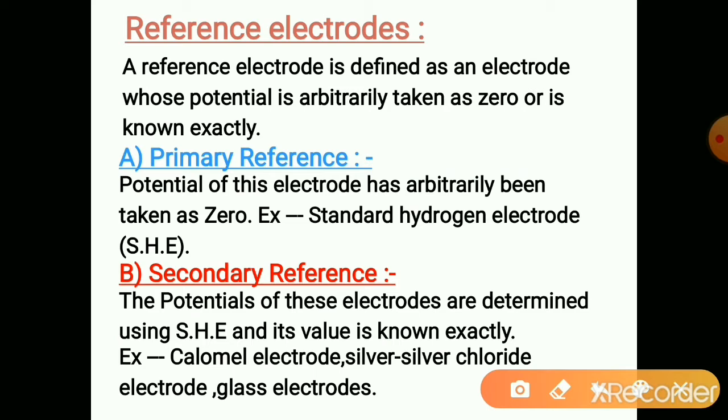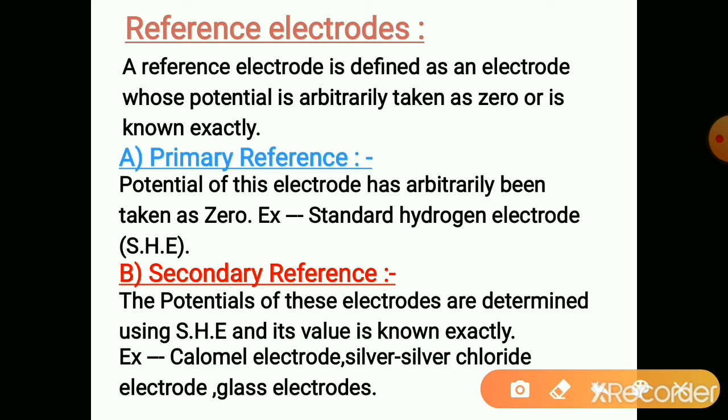This redox reaction is associated with a potential called the cell potential, which can be measured experimentally. The experimental measurement is possible because there are both oxidation and reduction reactions occurring simultaneously.